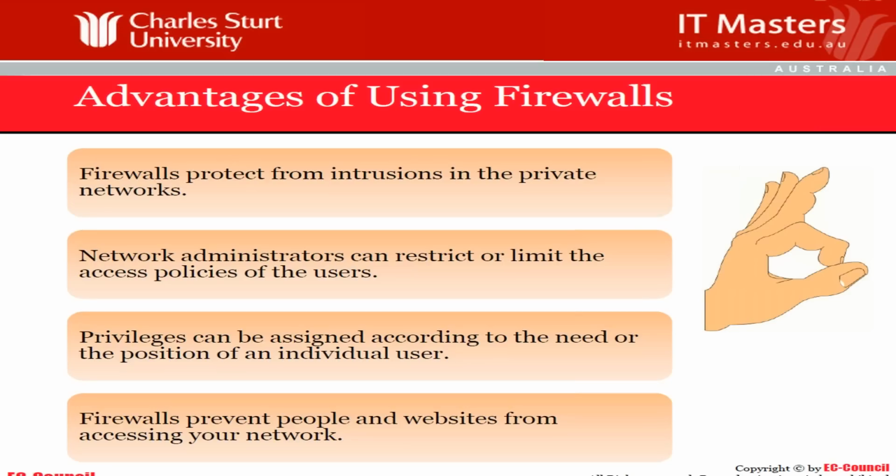So what are the advantages of using a firewall? If you have an up-to-date firewall, then you will have a good level of intrusion prevention. You can restrict or limit any resource you like, including the internet. Privileges can be assigned according to the need and the position of the individual user.